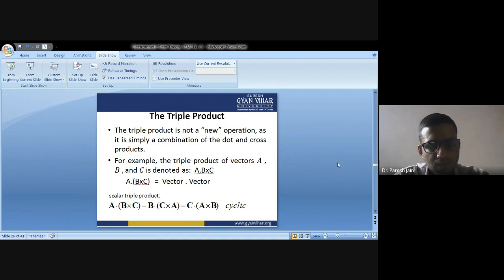B cross C is a vector quantity and A is also a vector quantity, so the dot product of two vectors is always possible.